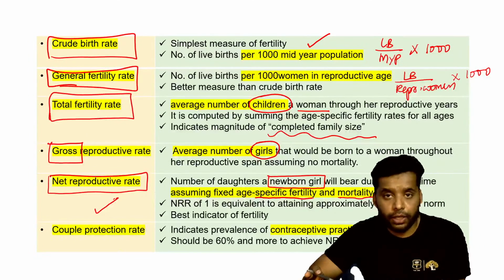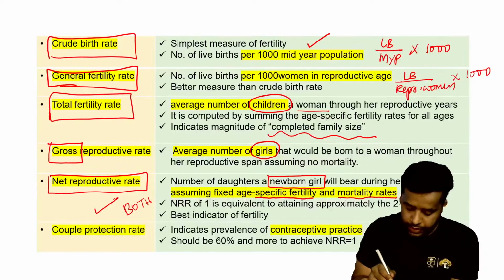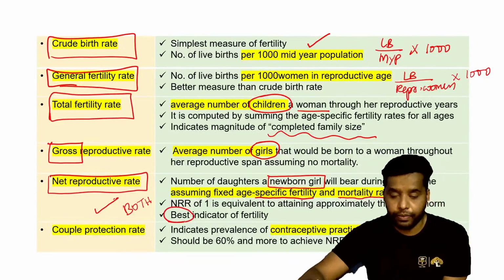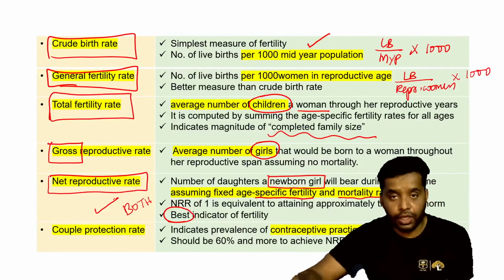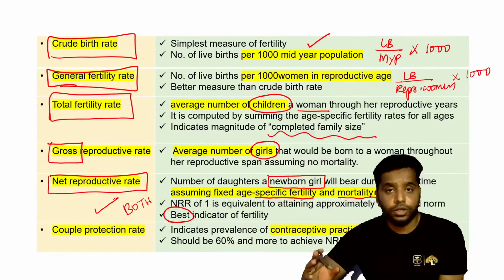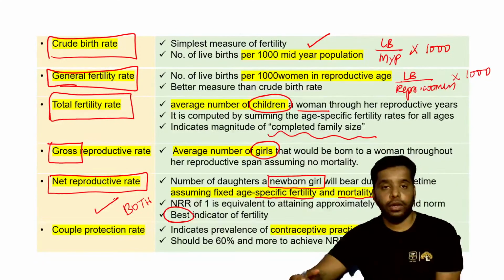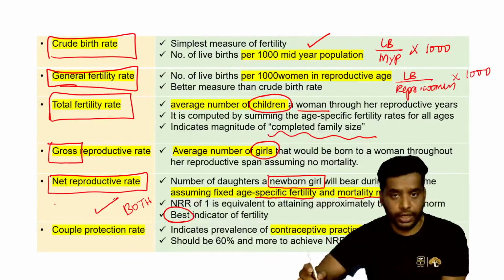This indicator includes both fertility and mortality pattern. That is why it is the best indicator of fertility. Which indicator counts both fertility and mortality pattern in the population? Answer is NRR. That is why NRR is the best indicator of fertility.